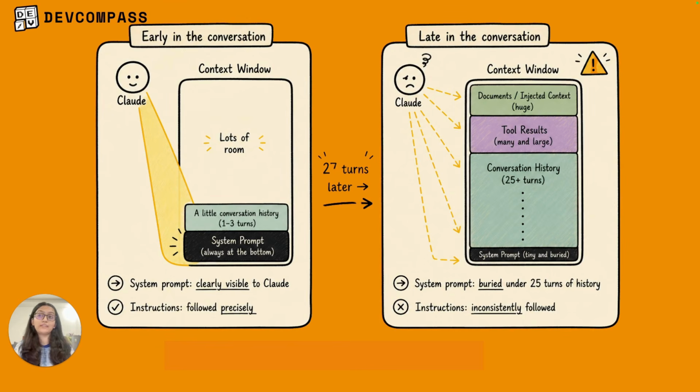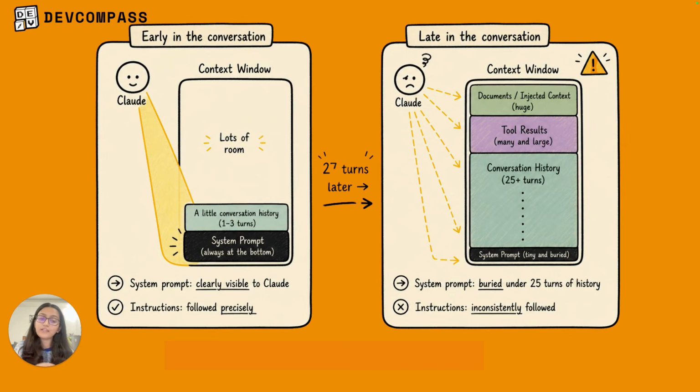In the right card, which is turn 28, late in the conversation, the context window is now full. The system prompt is still there, but look at where it is. It is at the very bottom of a very packed stack. 25 turns of conversation history, tool calls, tool results, possibly some documents, all of it sitting on top of the system prompt, pushing it towards the bottom of the context.